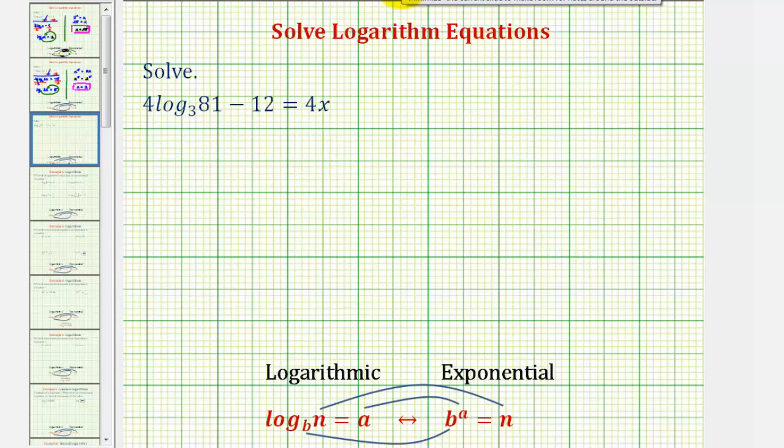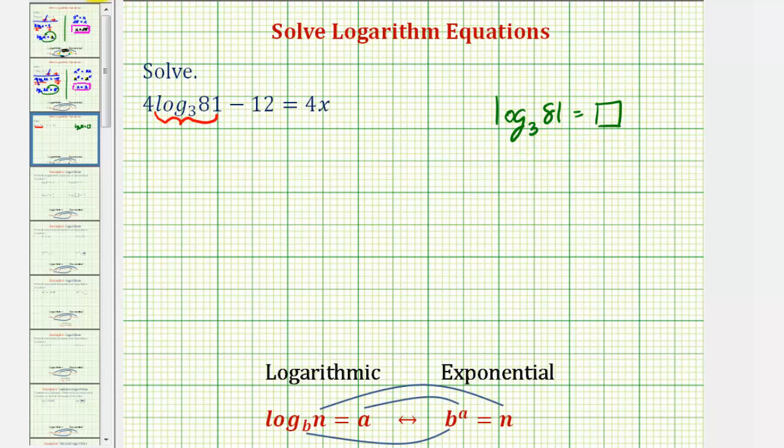As I mentioned at the beginning, notice how the variable is not part of the logarithm, so what we could do is evaluate this logarithm here, log base 3 of 81, and then solve for x. So if we want to evaluate log base 3 of 81, we want to know what exponent we would raise 3 to in order to obtain 81.